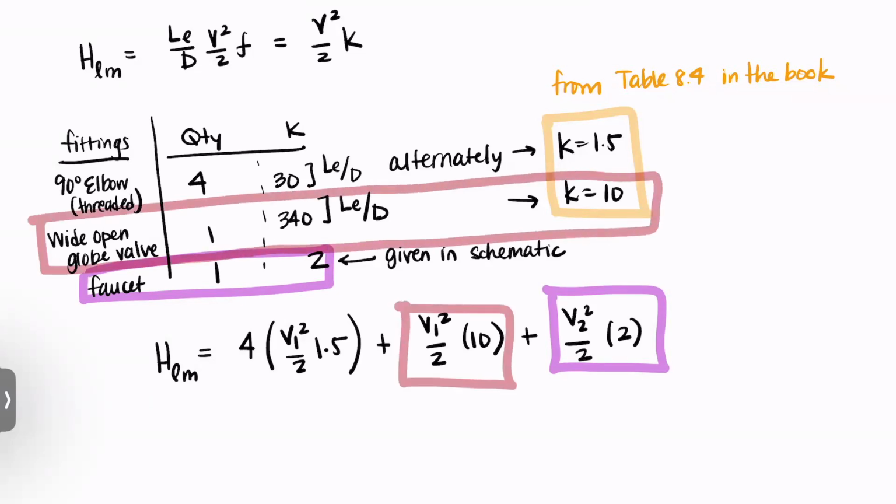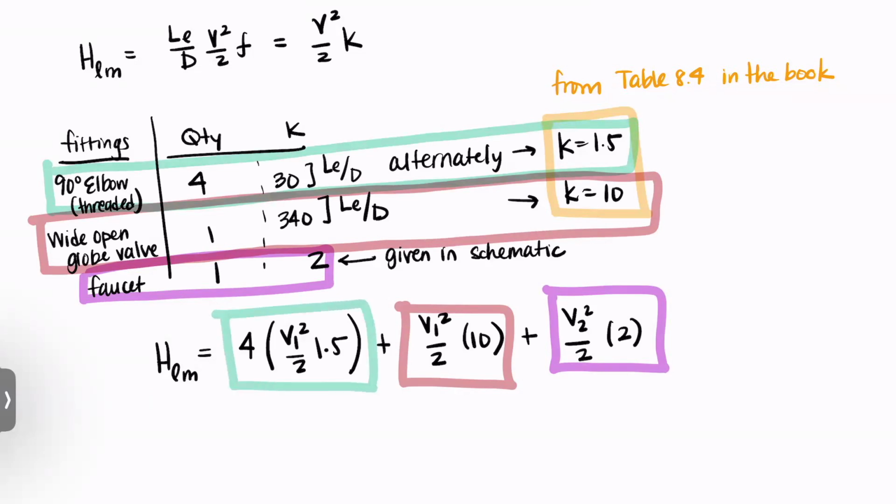That's this guy. And then these are my elbows, which is this term here. So notice they all sum together. So I could have written the V1 squared over 2 times 1.5 4 different times, but then I just multiply by 4. Okay.